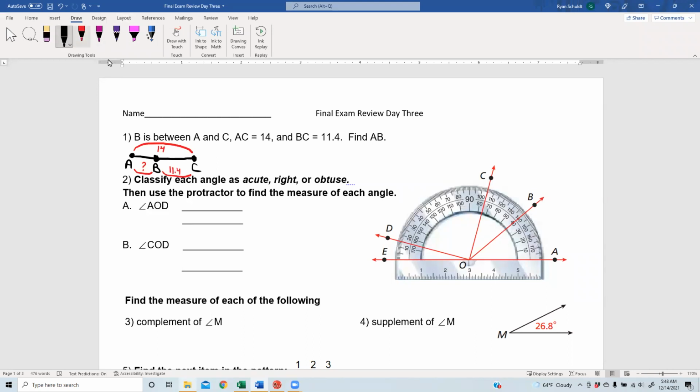Well, I can subtract 14 minus 11.4 will get me 2.6. So that means that AB is equal to 2.6.